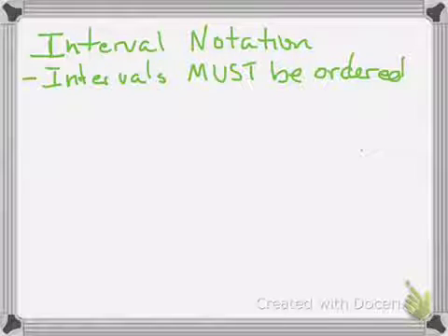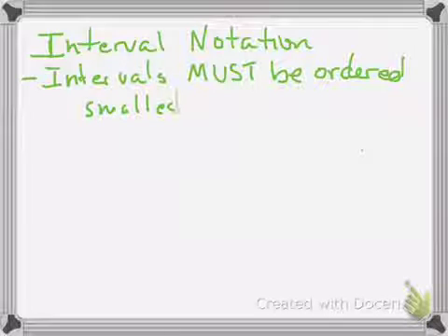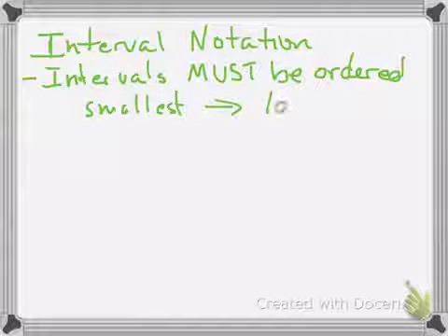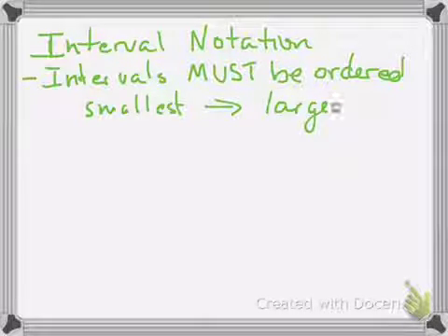Okay, what do we mean by ordered? It must be sequential. In numerical order, right? So from left to right, if you're reading an interval, it must read from smallest value to largest value. All right, so it must be ordered. Then you don't even know what an interval looks like at this point, but that's pretty easy to understand, right? Okay, here's another one.